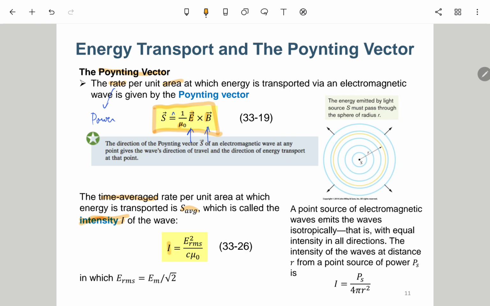So I equals E RMS squared over c mu naught. Here it is E times B, and both of them are sinusoidal, so you can simply imagine that after taking the average it will be E RMS times B RMS, with this mu naught.